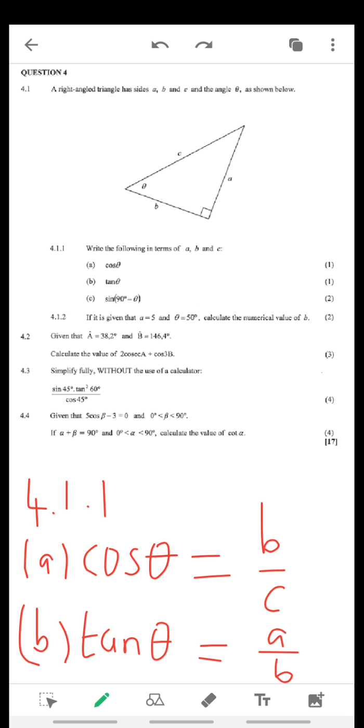If alpha plus beta equals 90, meaning they are telling us that we are in a right angle triangle, because if alpha and beta add up to 90, the other 90 degrees will make 180 degrees, the sum of angles of a triangle, in quadrant number 1. And also alpha is in the first quadrant. Calculate the value of cot alpha.